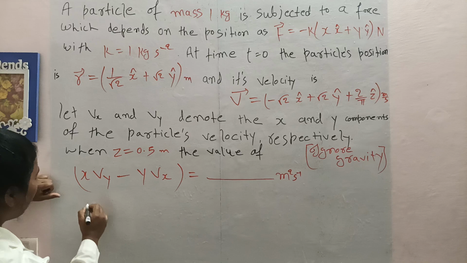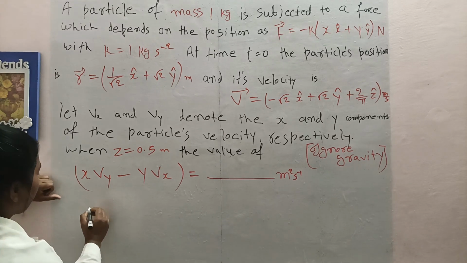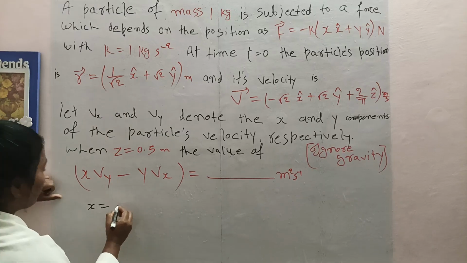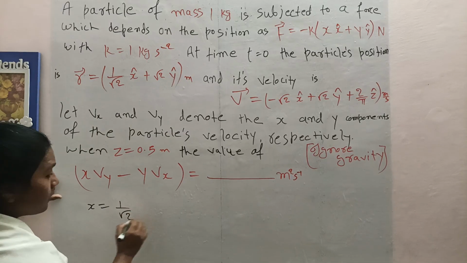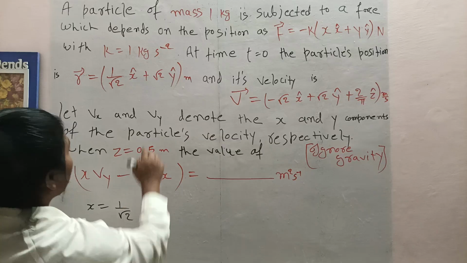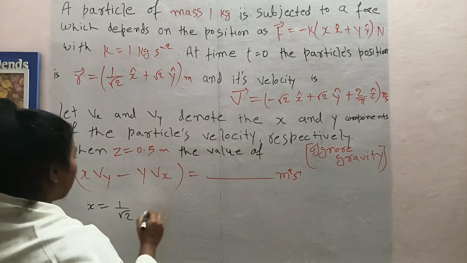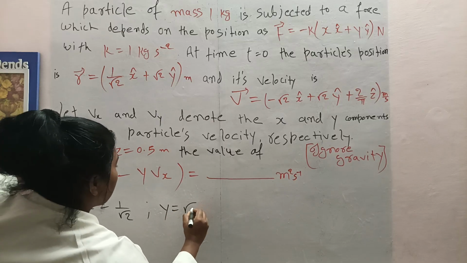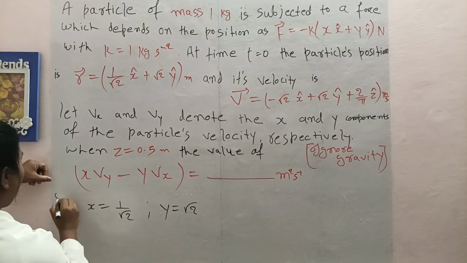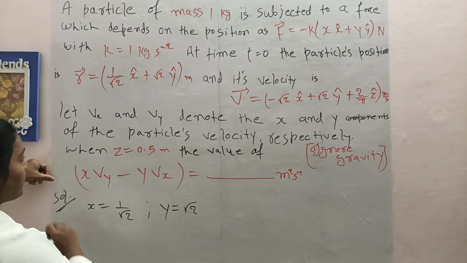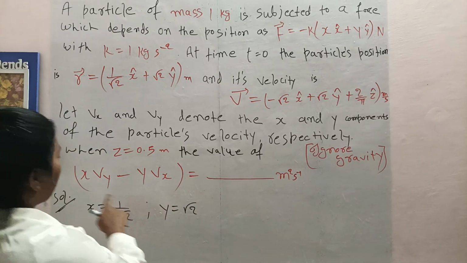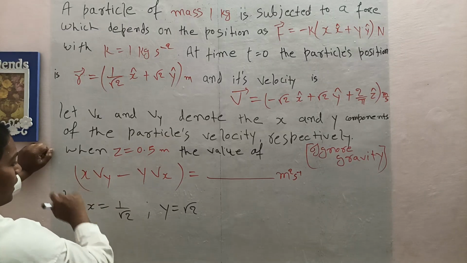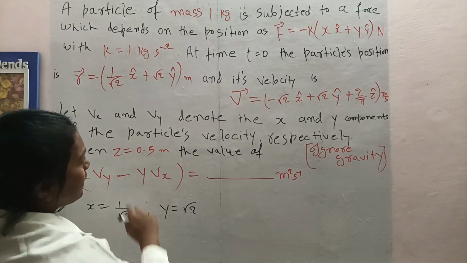Now the x is equal to, at time t equals 0, 1 by root 2. The y component of position, this y, is simply root 2. Now, this is Vy, the velocity of the particle in y hat, and Vx the velocity in x hat.